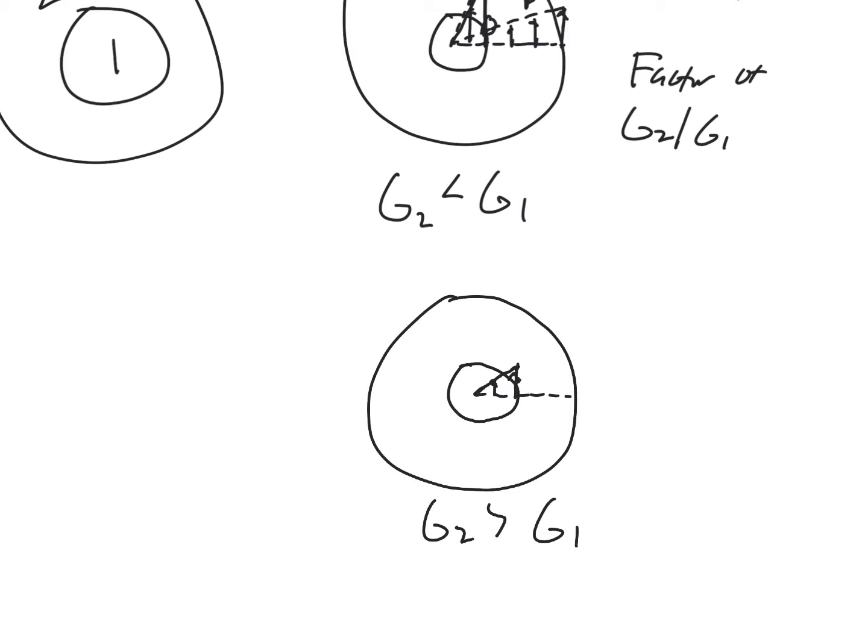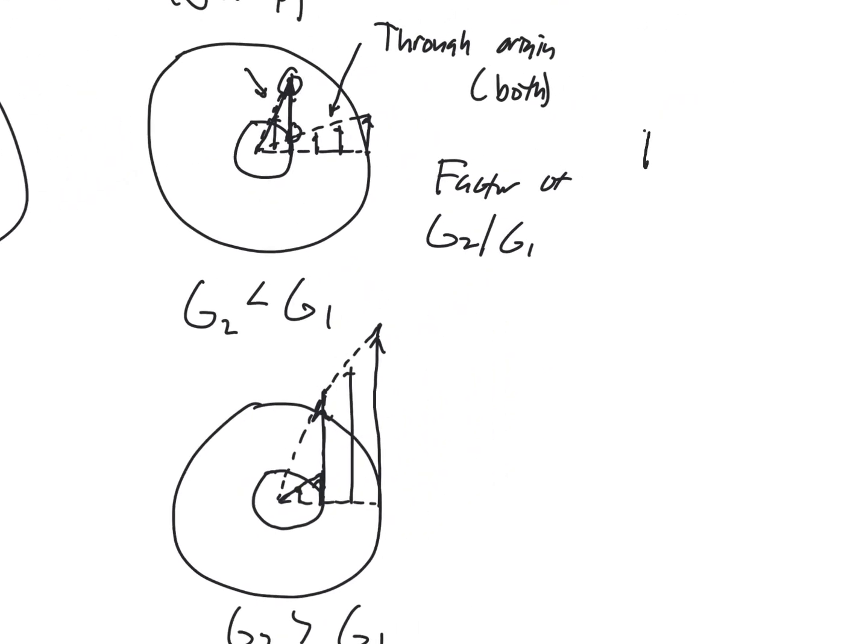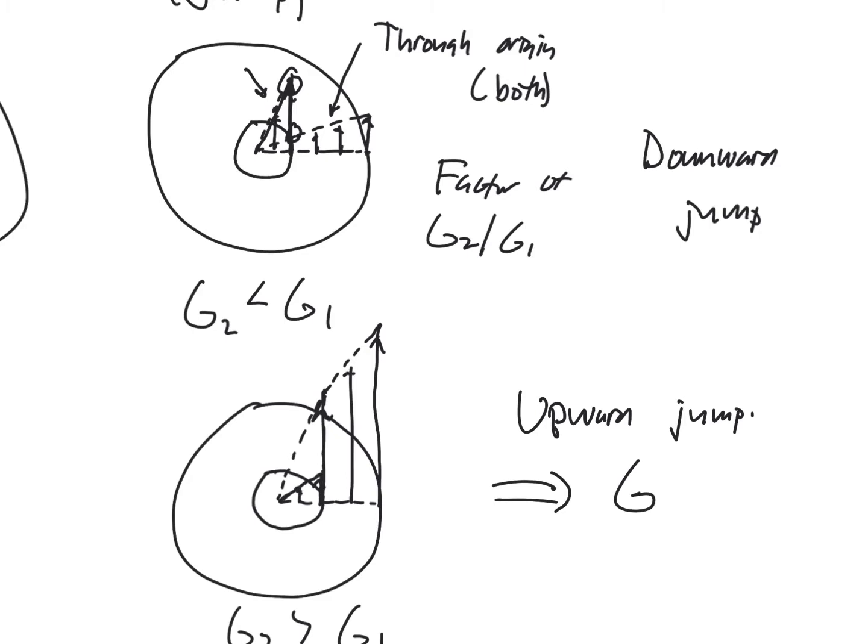But then there's a jump because of the jump in G, and then draw another dashed line like this, draw a linear distribution, and now it skyrockets at the interface like so. So now there's an upward jump. So here, downward jump. For this sort of material, there is an upward jump. And it's all because of the G mismatch.